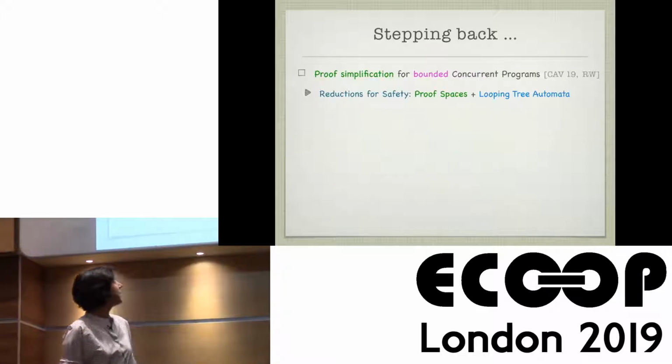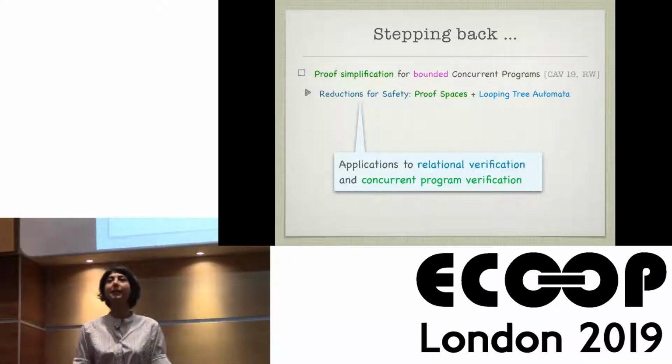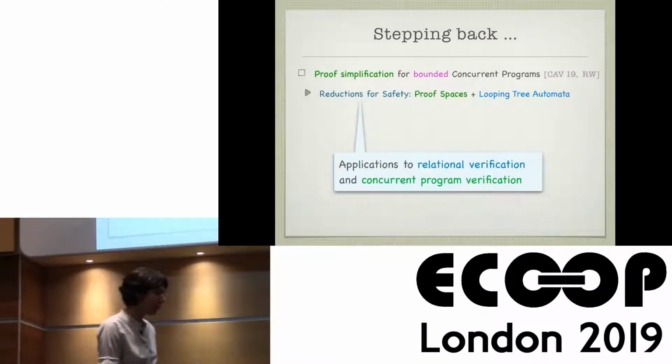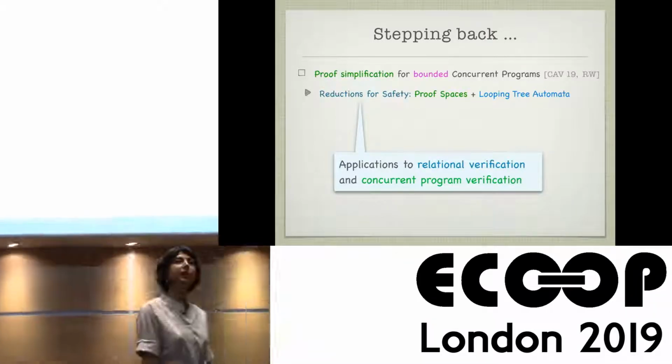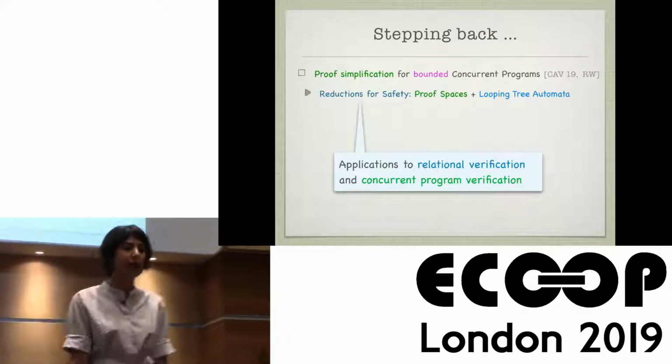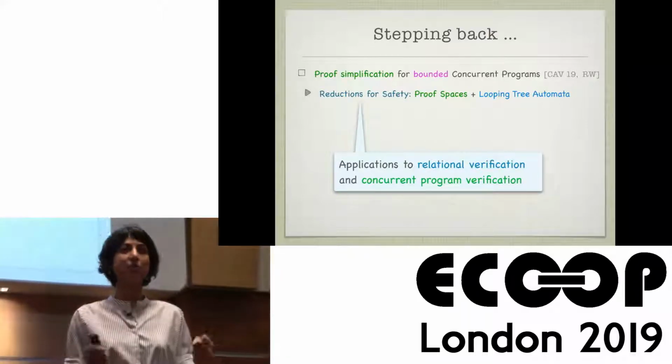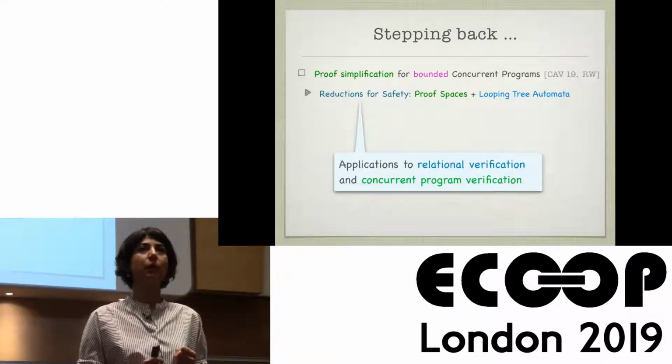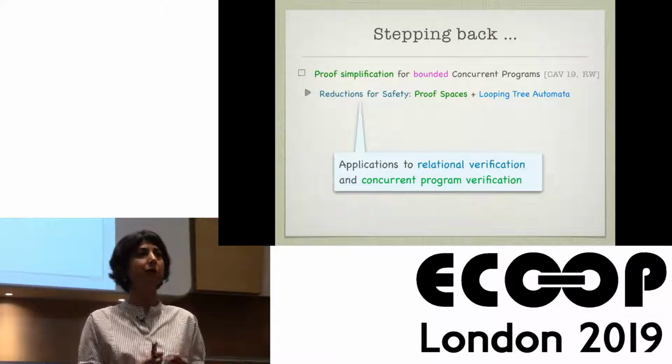So stepping back, I told you a particular way that I can try to do simplifications of proofs of concurrent programs so that if an automated verifier has a chance to actually prove something correct, even if it's not the full program, it could succeed.